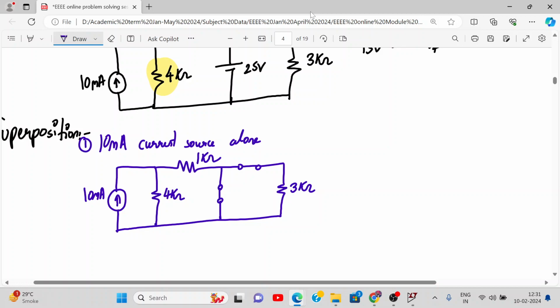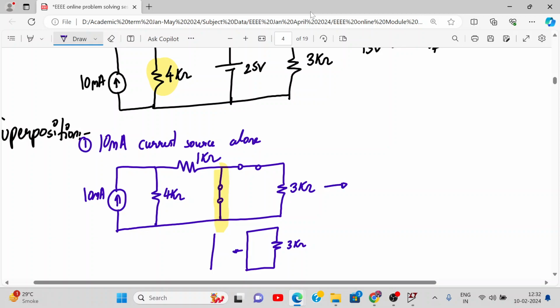I mean, how do we proceed ahead? Since, as you can see, this is a short, and parallel to a short we have connected 3 kilo ohm. So we have a short circuit and we have a parallel resistance. So what is the result? A short only. 0 means short only.